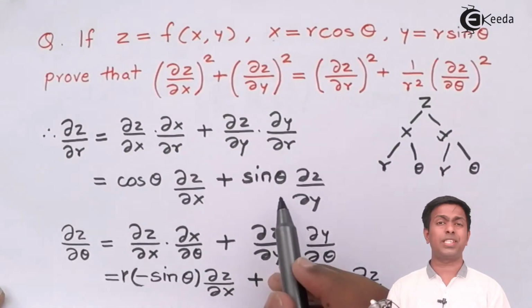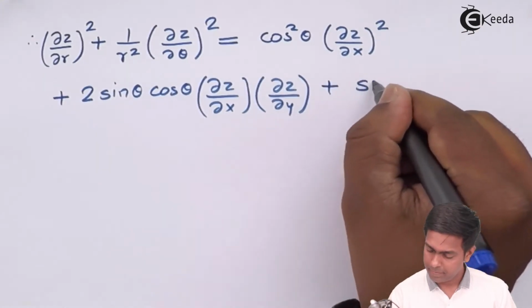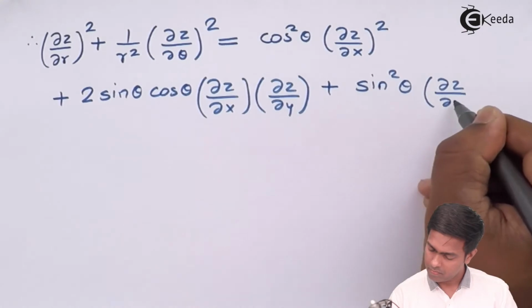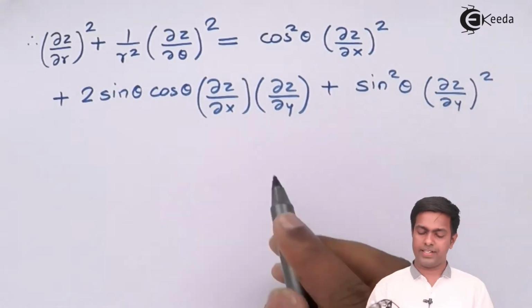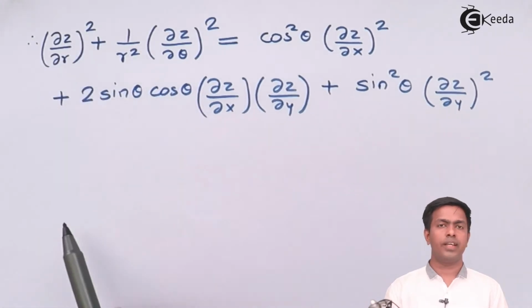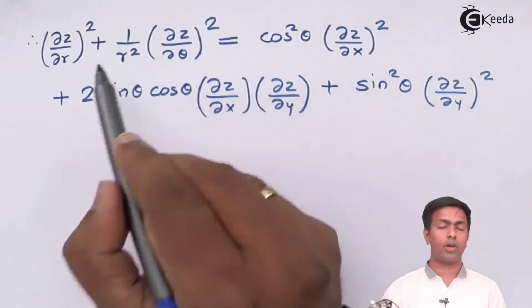Next b square. So guys, here we got the value of del z by del r the whole square. Now let's find out del z by del theta the whole square and multiply it with 1 upon r square.